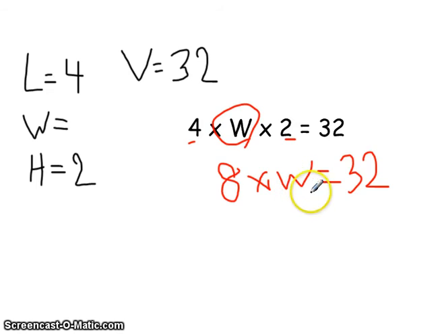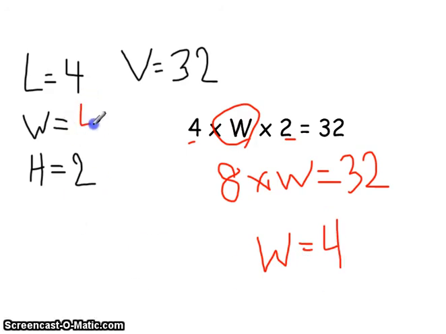How could I figure out what that W is? Well, I know 8 times something is going to give me 32. I could do 32 divided by 8, and I know that 32 divided by 8 is 4, and I know that 8 times 4 is 32. I'm going to go ahead and say that my width is equal to 4.